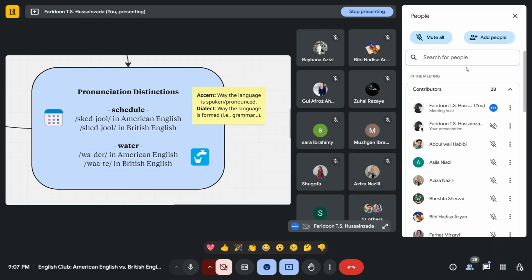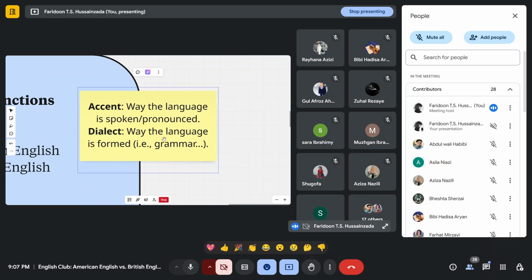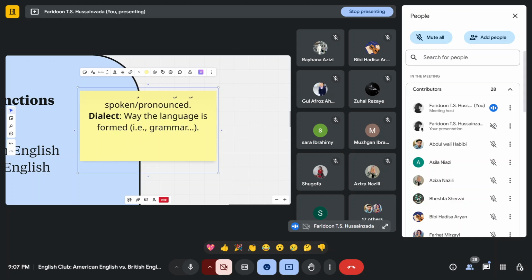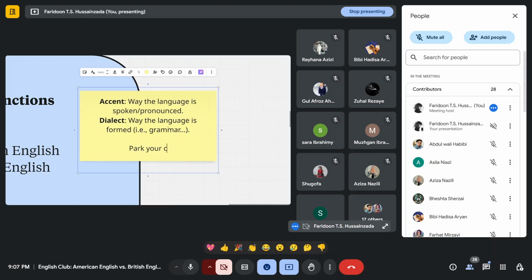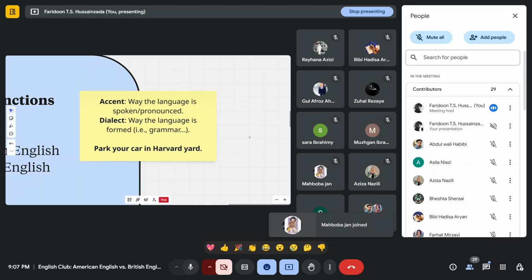So one phrase that many people teach the Boston accent with is this one. I hope you can see it, guys. This is the phrase that people use when they're teaching the Boston accent to people.